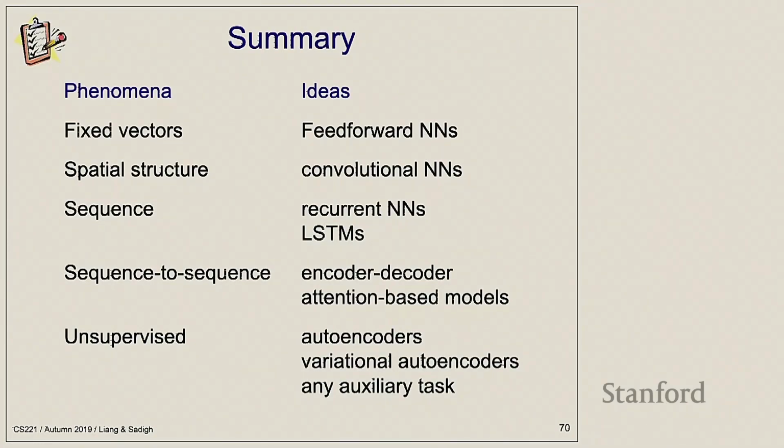So just to summarize, we talked about a lot of different building blocks. We talked about how to leverage spatial structure with convolutional neural networks. We talked about how to feed sequences into recurrent neural networks, transformers and LSTMs. We talked about the sequence-to-sequence paradigm for machine translation and unsupervised learning methods that help you jumpstart your downstream applications.